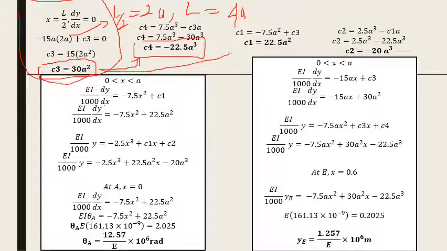I also substitute the value of C3 into the C1 equation: C1 is minus 7.5a squared plus C3, so I got C1 equal to 22.5a squared. Then I substitute C1 into the C2 equation, and I got C2 equal to minus 20a to the power of 3.